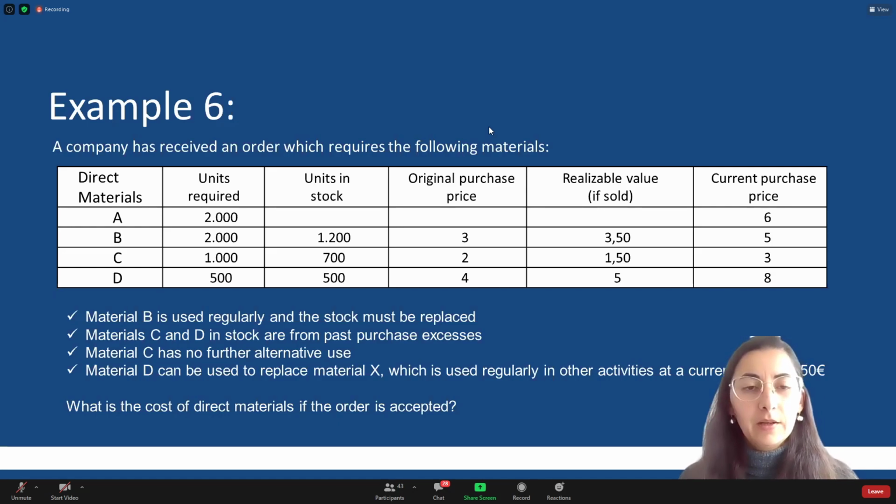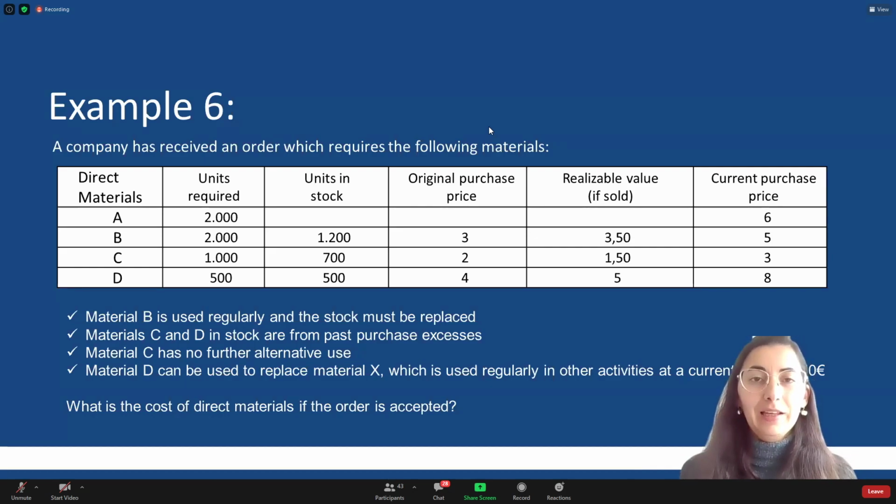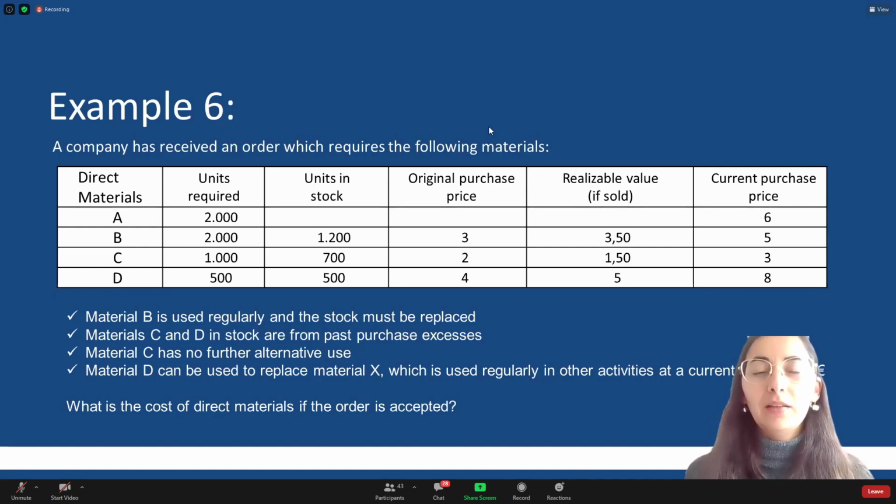We do not sell the materials, okay? It's in stock. What we sell is the final product. The materials, we have them in stock in the warehouse. It's an asset in the balance sheet, okay?